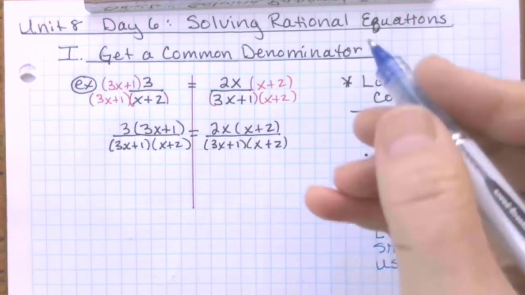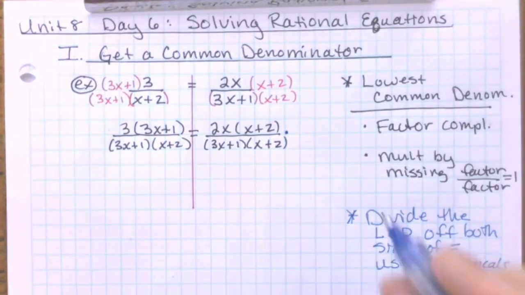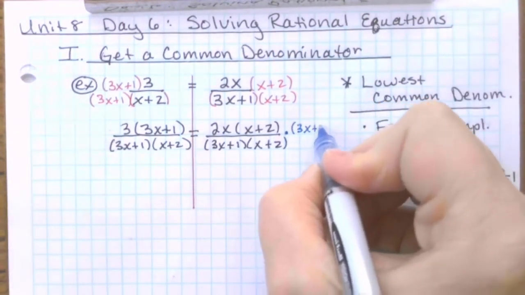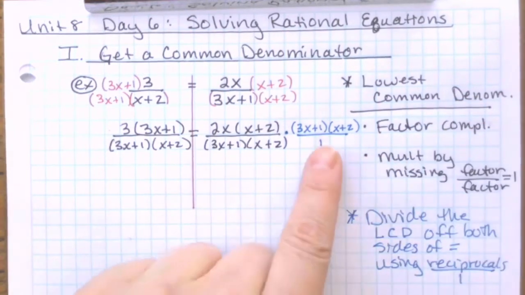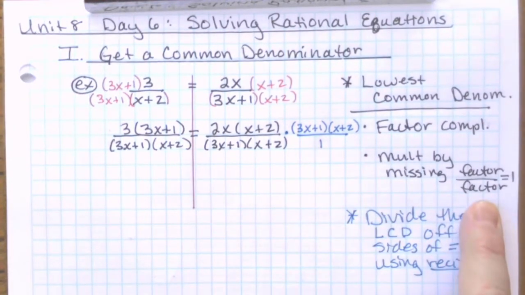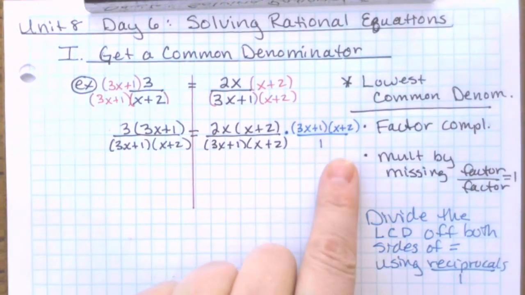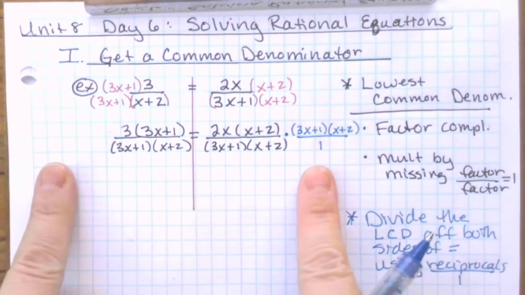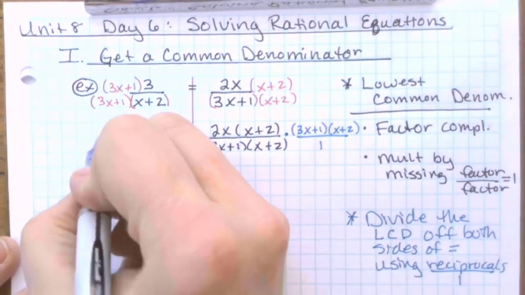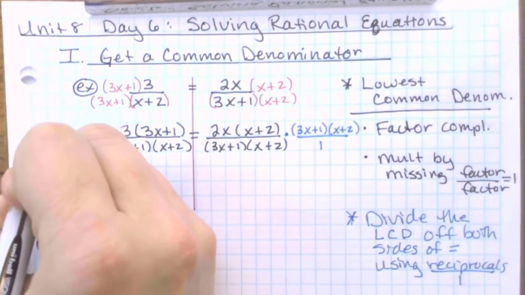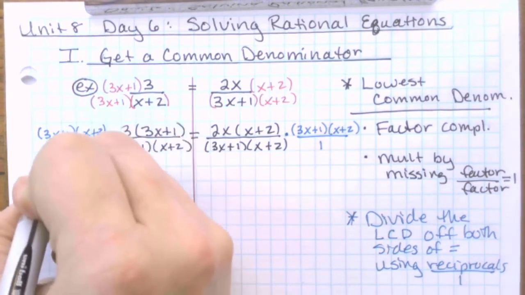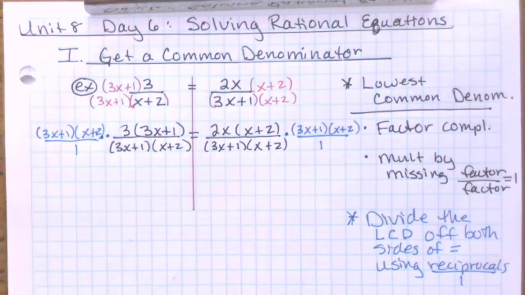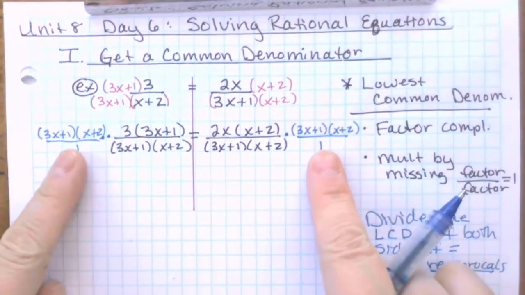So what I'm going to do is I'm going to multiply the right-hand side by 3x plus 1 times x plus 2 over 1. Now this is not a factor over itself, so I can't just do this on the right. I have to do it equally to both sides. So I have to multiply the left by the identical same thing. 3x plus 1 times x plus 2 over 1. And again, it's legal because I'm doing the same to both sides.